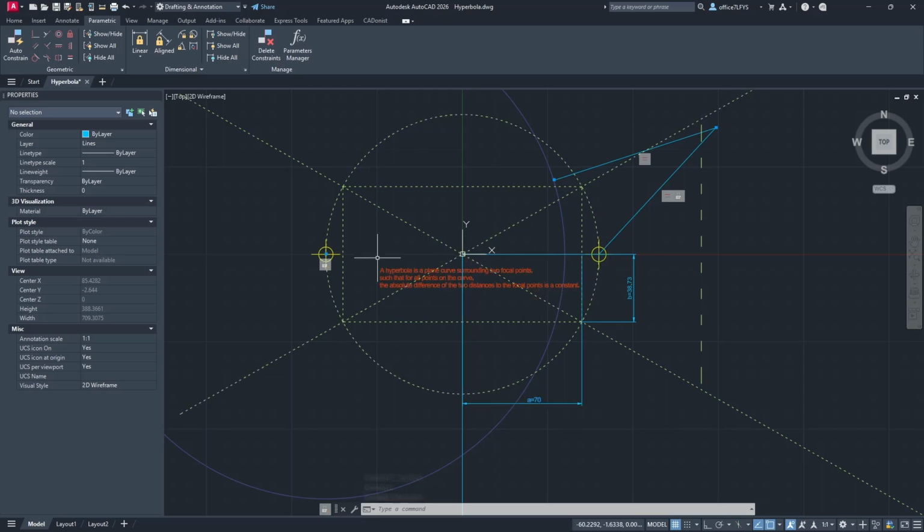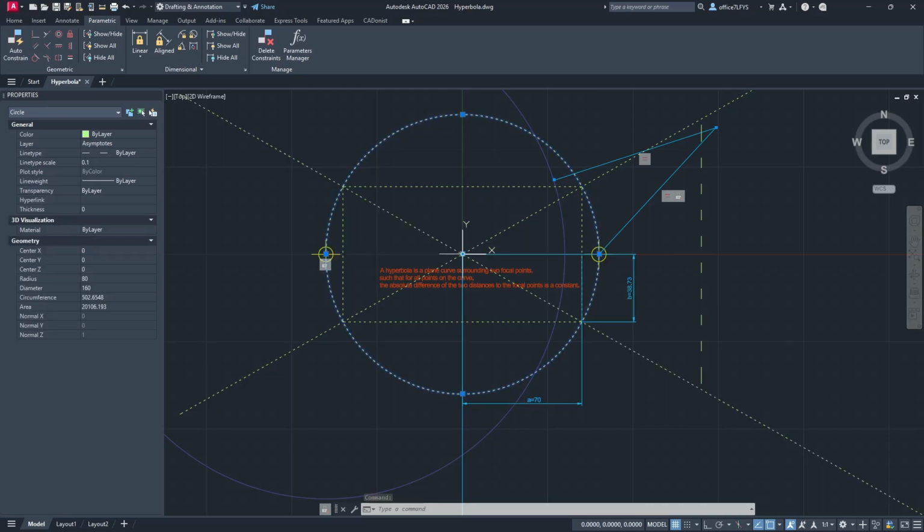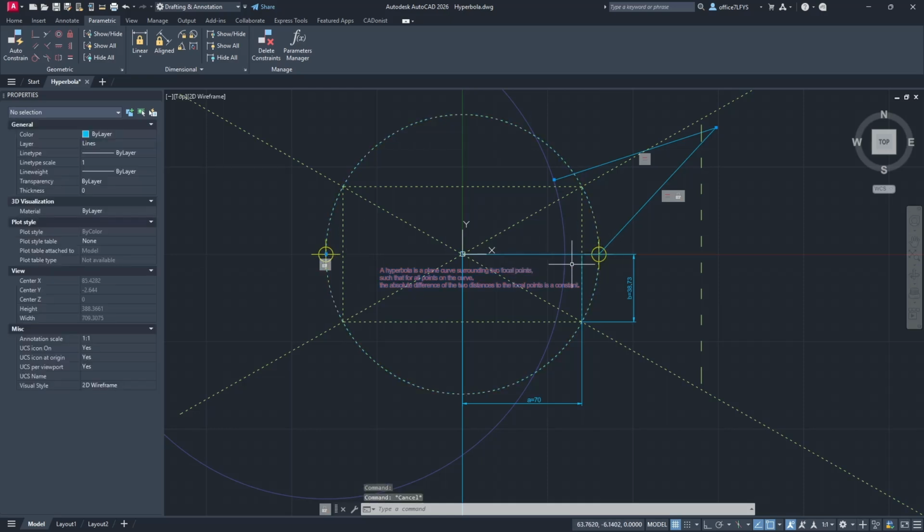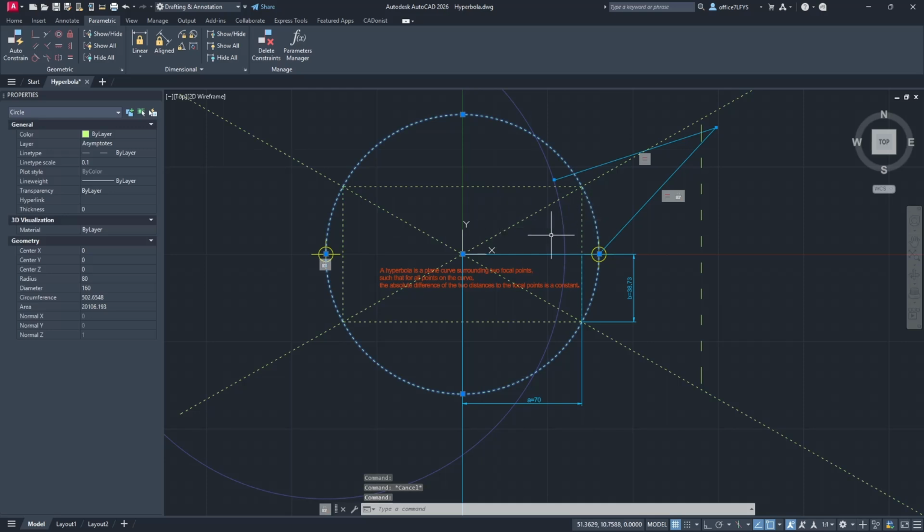Next, at the midpoint between the foci, we draw another circle whose diameter equals the distance between the foci. When we draw this circle, the intersections at 70 millimeters left and right give us 4 points that form a rectangle.